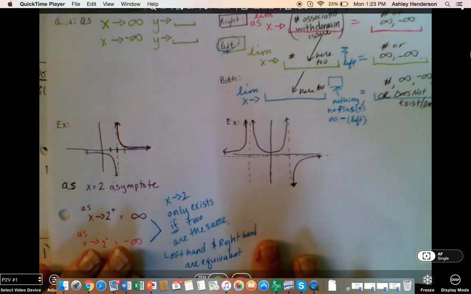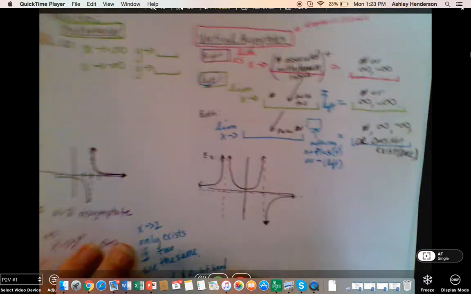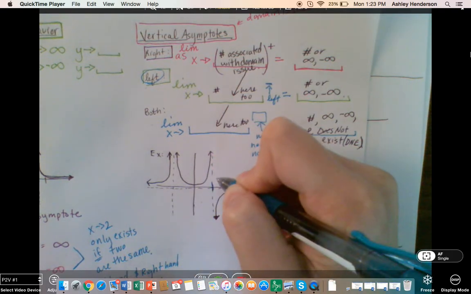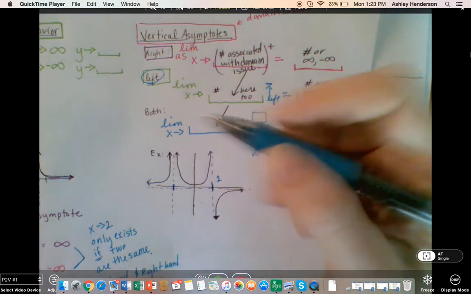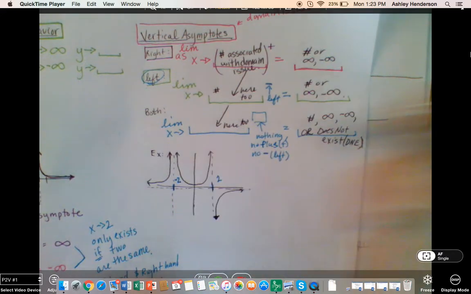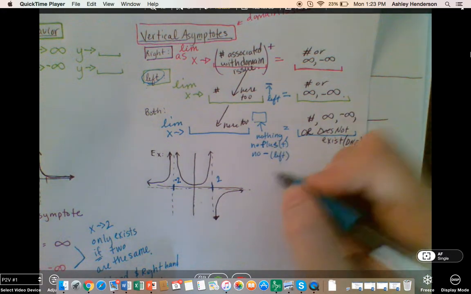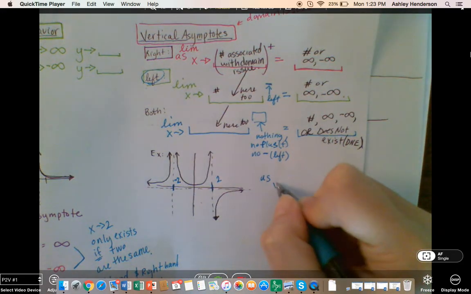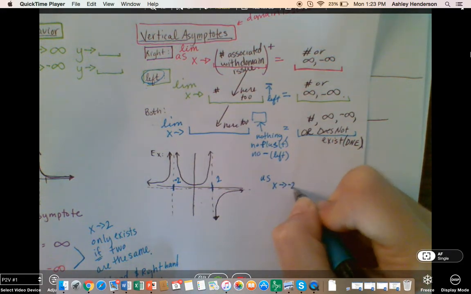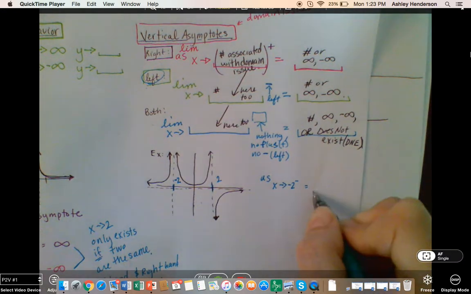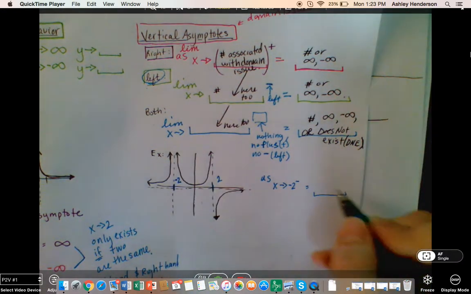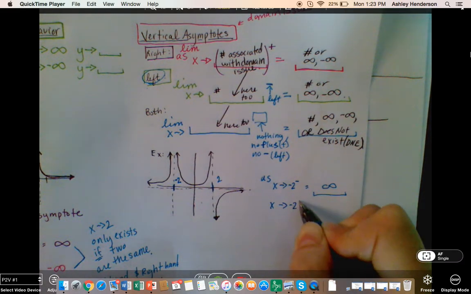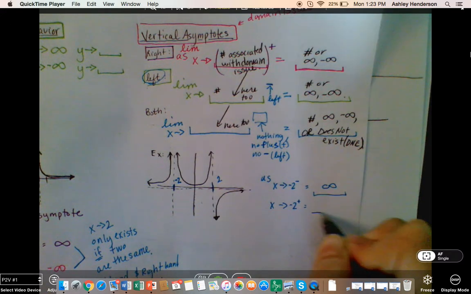Okay, let's look at this one. Let's do this guy over here. So let's say that this is at 2, and this is at -2. Okay, so as x approaches -2 from the left, what does it do? Goes up. As x approaches -2 from the right, what does it do?